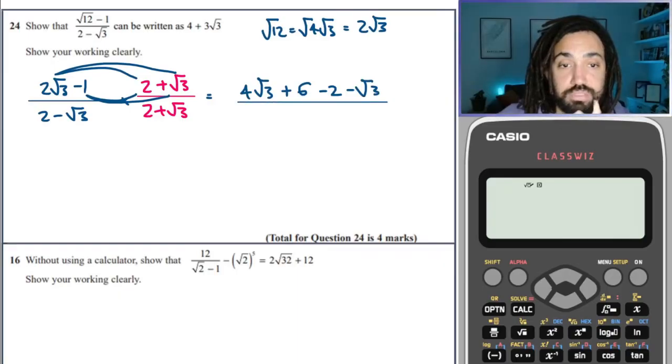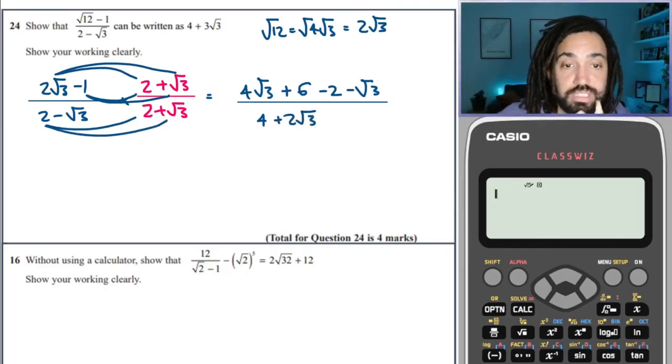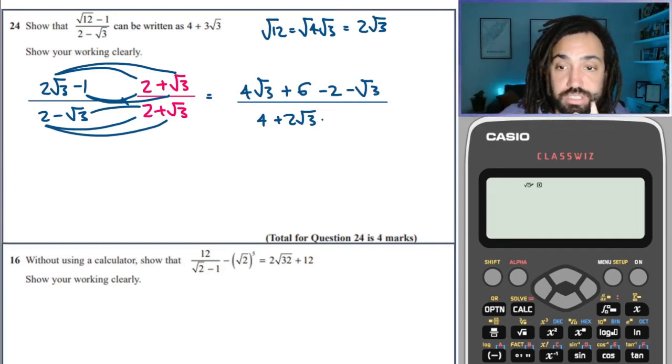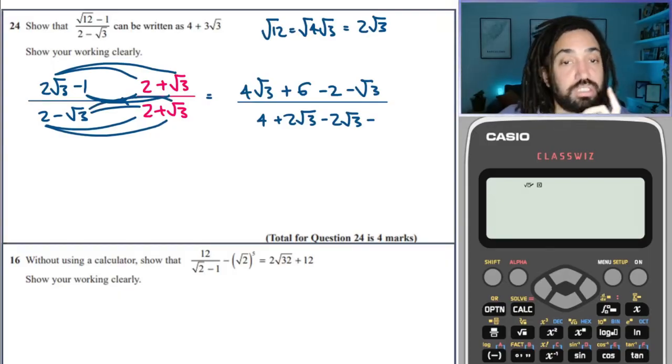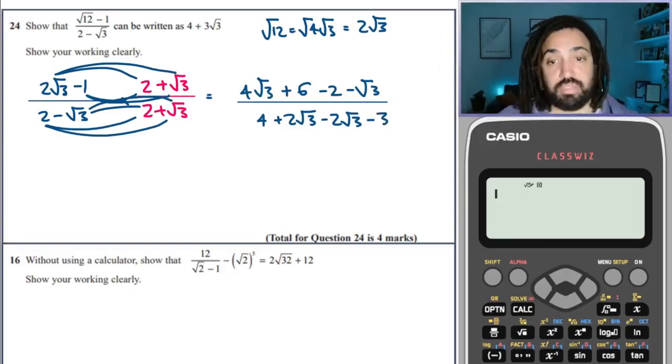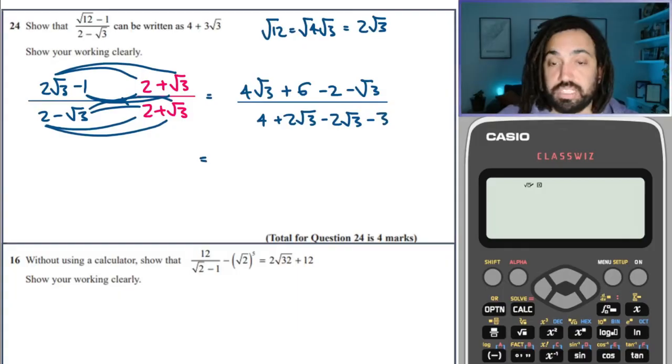Okay, and on the bottom we'll get 2 times 2 is 4. We'll get 2 root 3. We'll get minus 2 root 3. And then finally we'll get minus 3. Lovely.